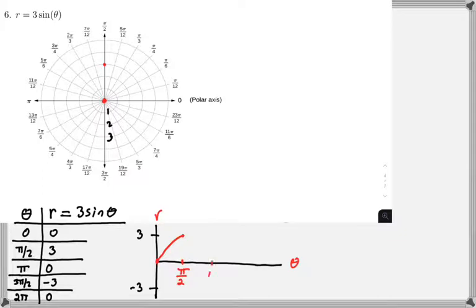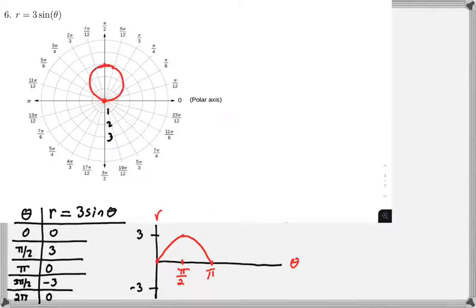And then the next point is going to be pi comma 0. So that's, again, at the origin, angled this way towards pi, but not going any distance from the pole, so it's going to be 0. And there we have it.